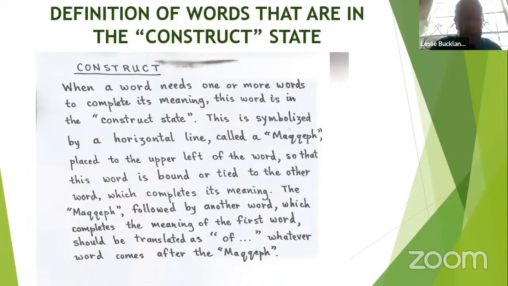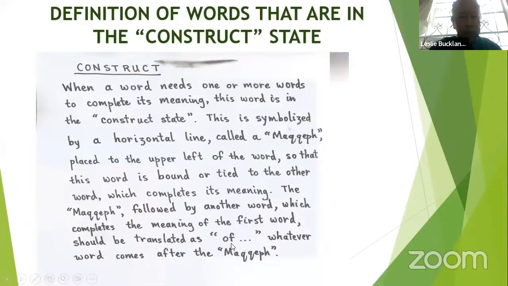This is symbolized by a horizontal line called a makaf, placed to the upper left of the word so that this word is bound or tied to the other word which completes its meaning. The makaf followed by another word which completes the meaning of the first word should be translated as of, whatever word comes after the makaf.